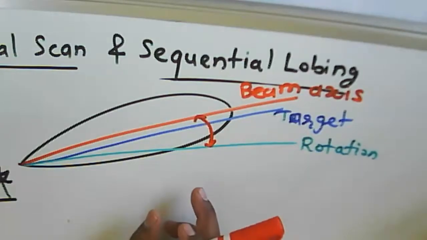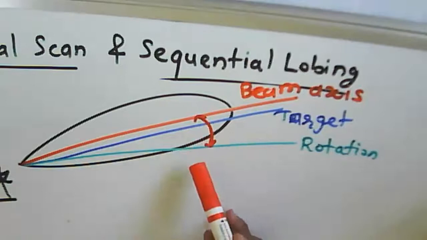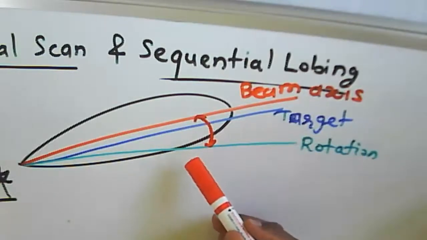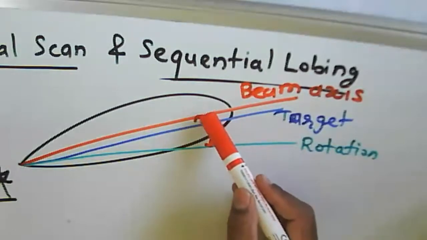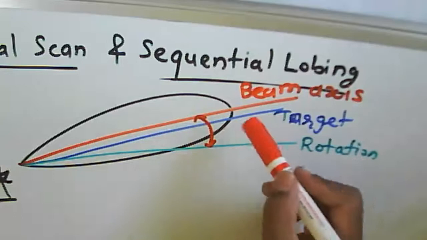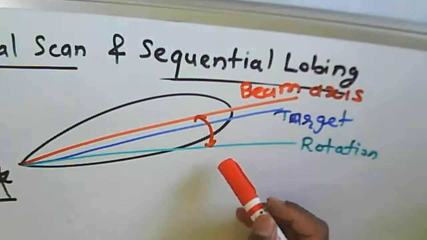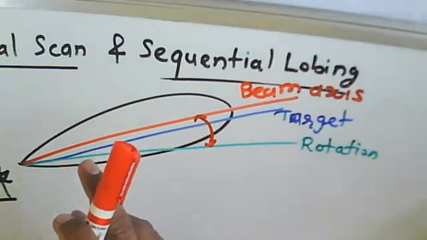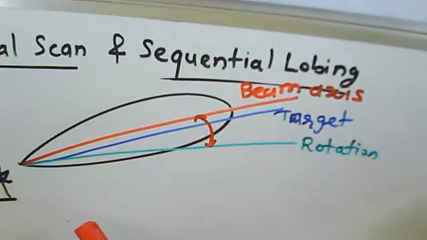Generally, the squint angle changes based on the rotation. Because the beam is rotating, from the beam axis to this particular thing it will change here, and we are receiving the echo signal.